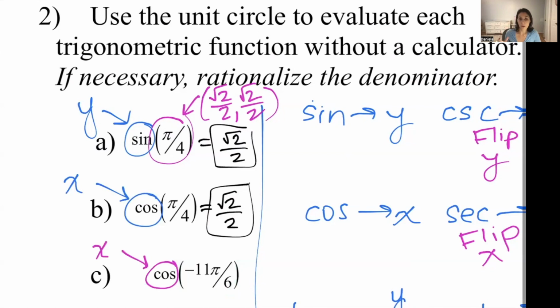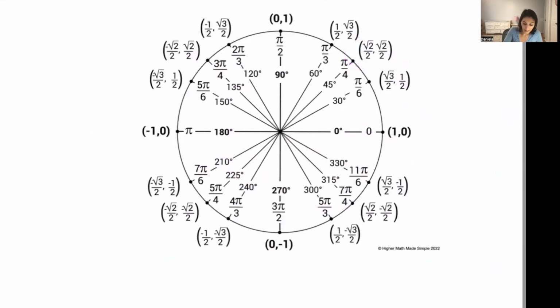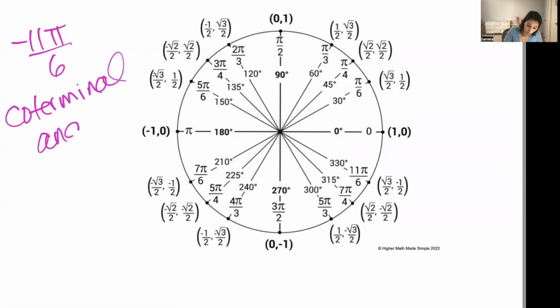So let me go back. What happens if you get an angle like negative 11 pi over 6, for example, that is not on the unit circle? You have to find what's called the coterminal angle. Okay, so there's a couple of things here.